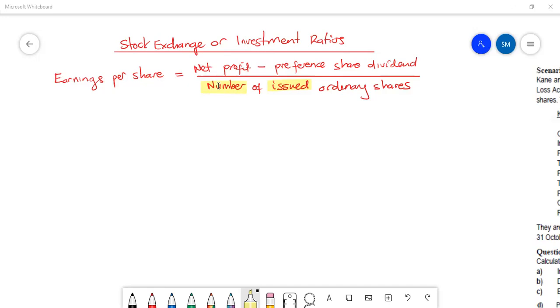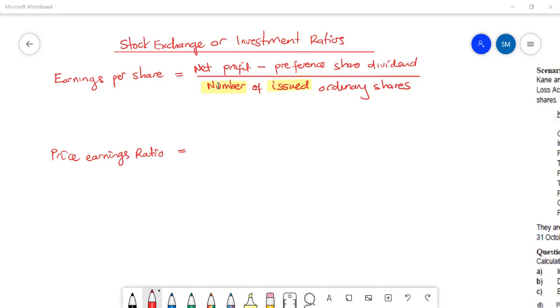Let's go to price earnings ratio. So price earnings ratio, this is simply saying you have to look at your share price.